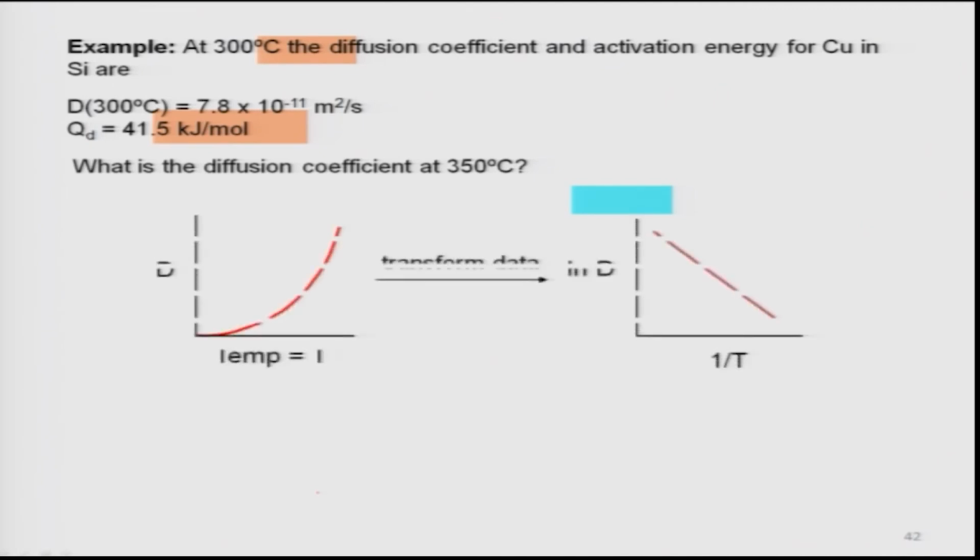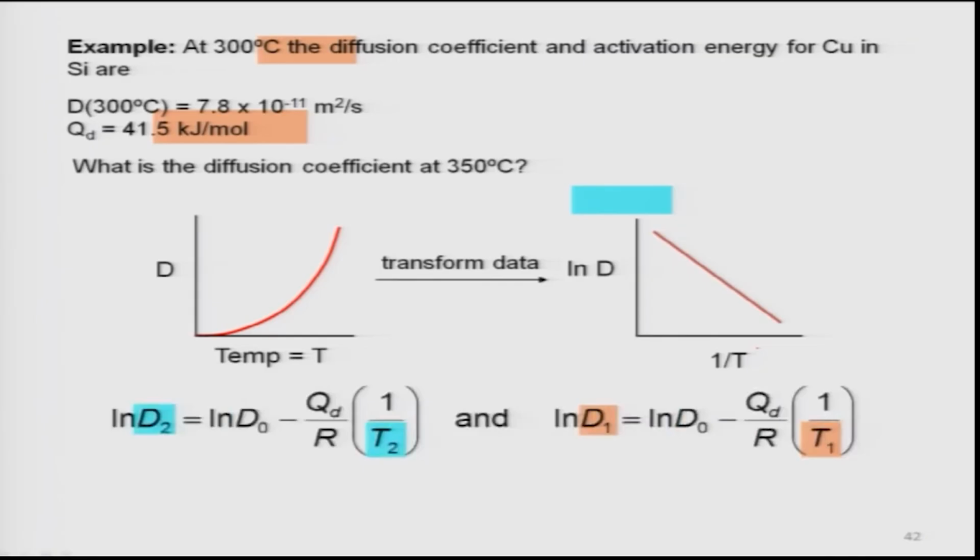We need to know many things. So what do we have? We have D versus temperature, and we need to transform it into D versus 1 by T. So ln of D2 is ln of D0 minus QD by RT. That is the equation I have already shown, and we can always write down D1 like that.